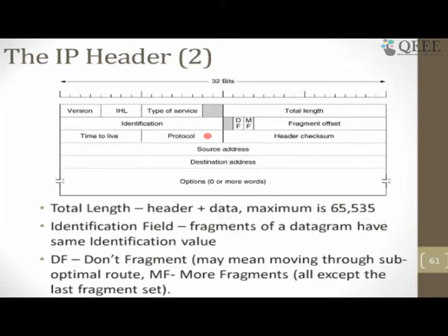Then the header checksum is a checksum which takes all the header bits into consideration, and puts some parity bits or some CRC bits to ensure that the header doesn't get corrupted. Okay. And then you have the source address and the destination address. I guess this part is fine.